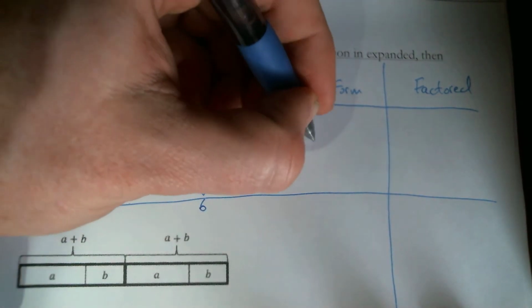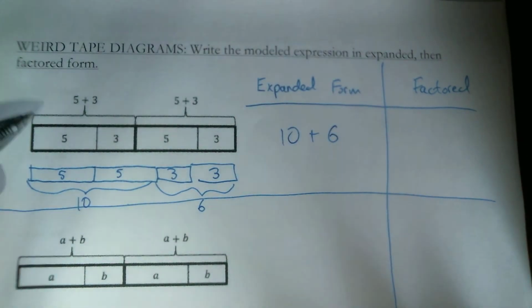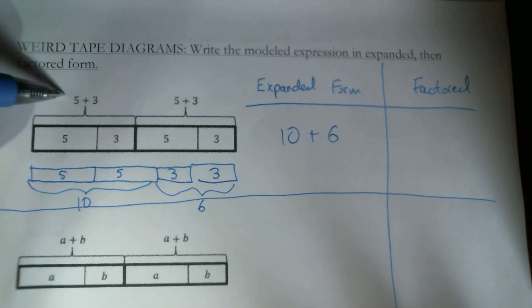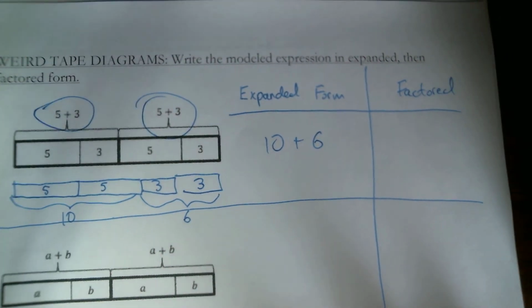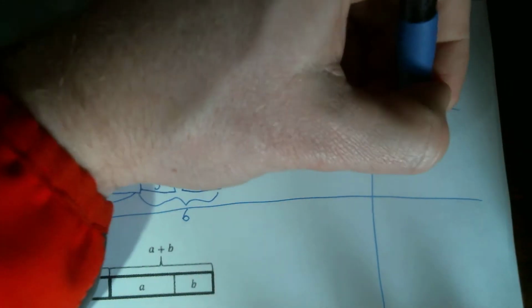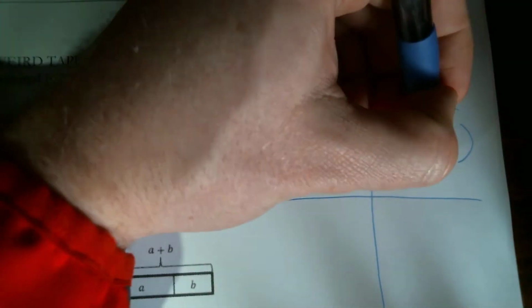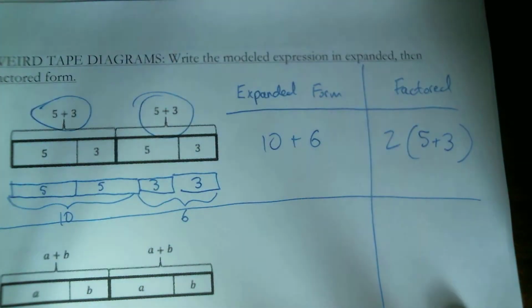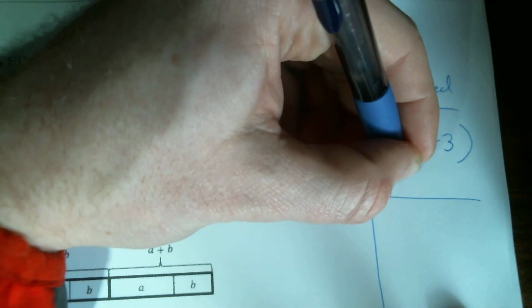But in its factored form, what we have are two groups of 5 plus 3. So how am I going to show two groups of 5 plus 3? Like this, two groups of 5 and 3.